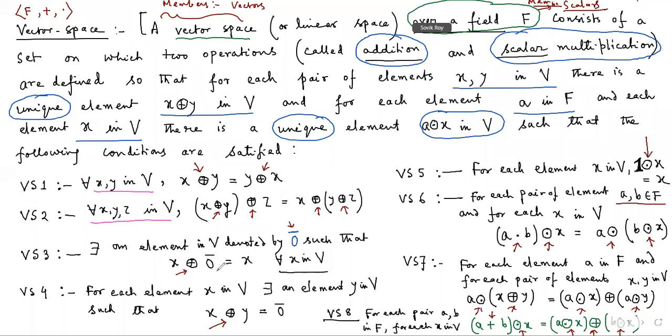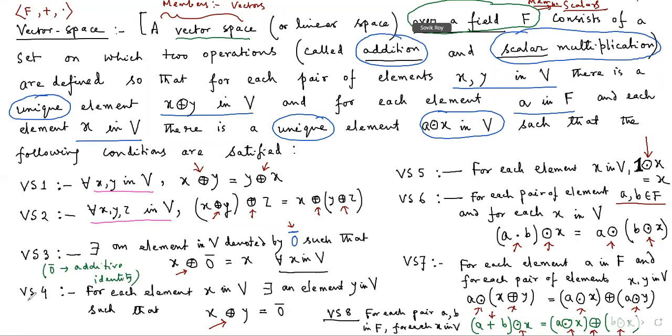Here x is a vector, 0 bar is also a vector. It is not the number 0. This vector addition operation has been used, and if such a 0 bar exists, we call this 0 bar the additive identity of the set.